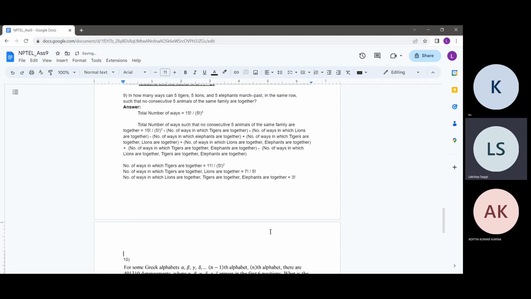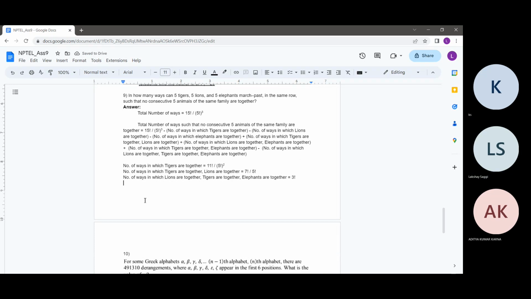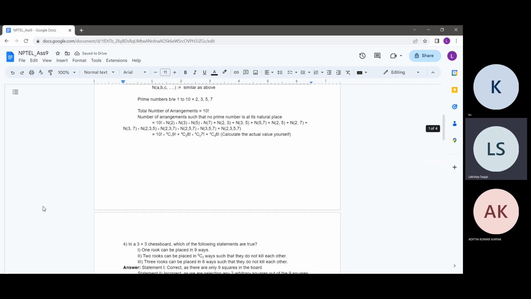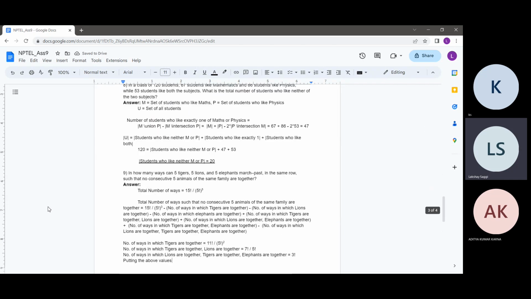So putting in these values, what we get is, maybe I can shift the margin down.